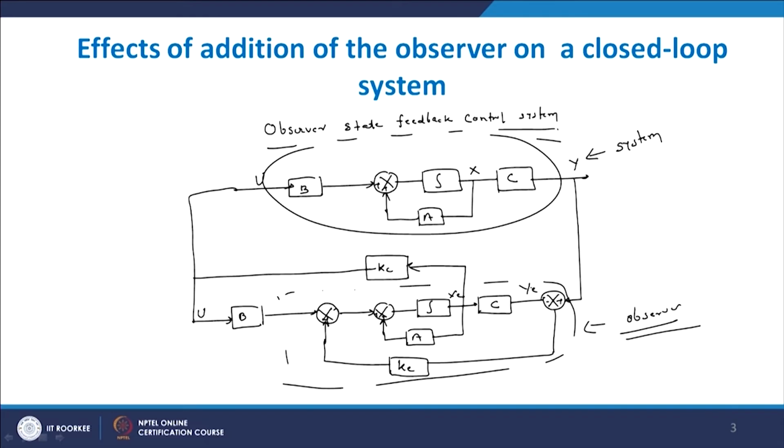There are two controller matrices, KE and KC. This KE is for the observer, and KC is for our controller. Now, we have to see the effect of this KC and KE. Are KC and KE related? That is, if you change KE, can it affect KC or vice versa?